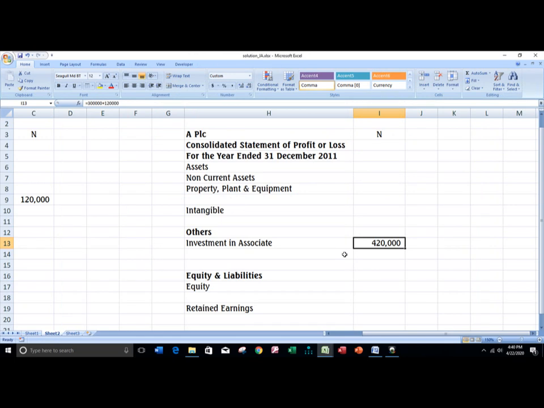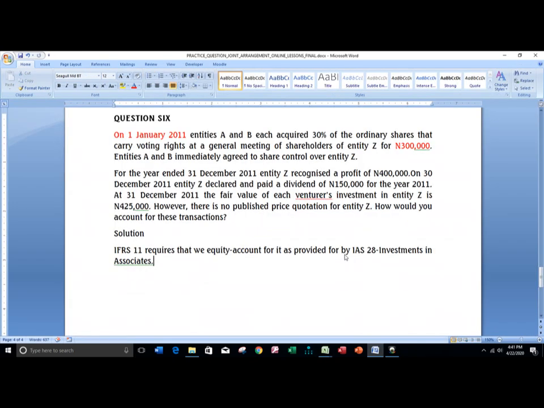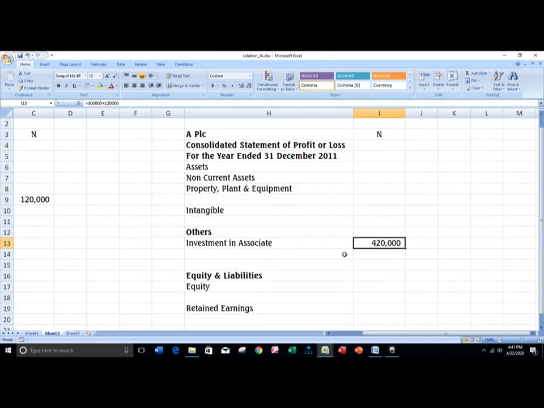So I take you back to IAS 36, which is on impairment. IAS 36 says that impairment is the amount by which the carrying amount of an asset or liability exceeds its recoverable value. So we are reporting 420, but the market is saying that the asset is worth how much? 425. So in line with prudence and IAS 36, we have to stick to 420,000.